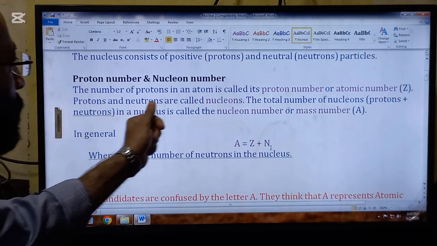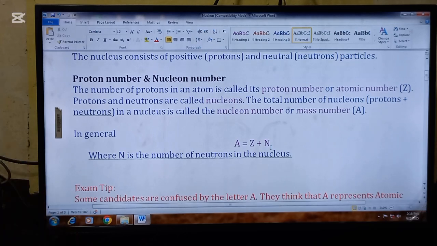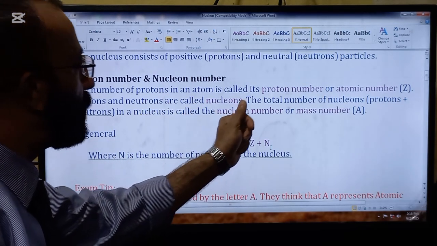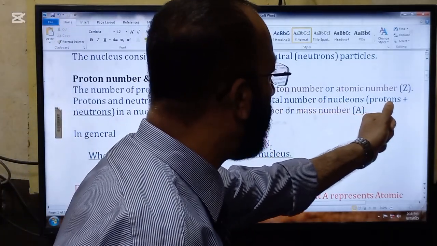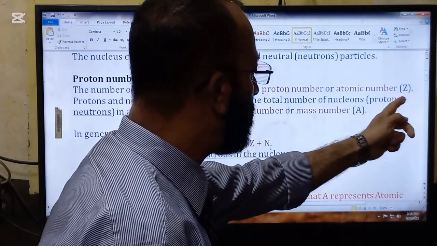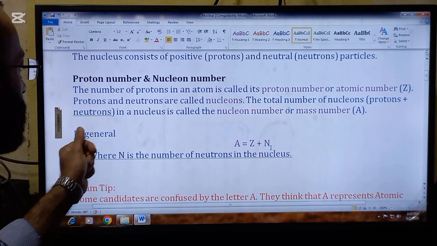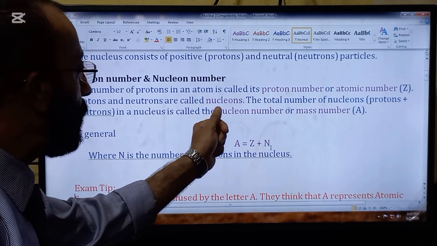Proton number and nucleon number. The number of the protons in an atom is called the proton number or atomic number. This is represented by Z. Protons and neutrons are called nucleons.